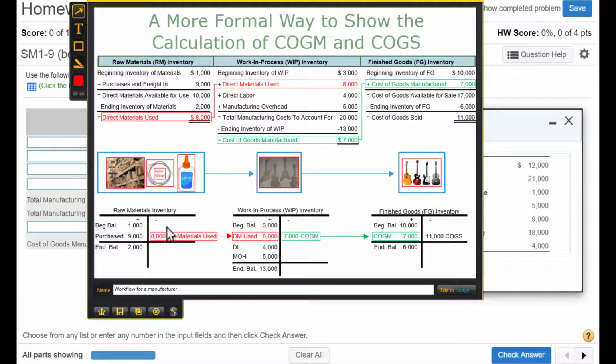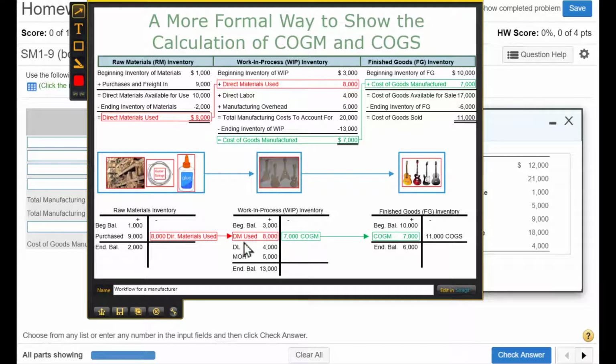And then once a guitar is started, they're going to take some raw materials out of raw materials inventory and put it inside the work in process T account, which is showing the guitars that are in the process of being built. So in this example, $8,000 of direct materials have been taken out of raw materials, and they're in the process of being used to build guitars.